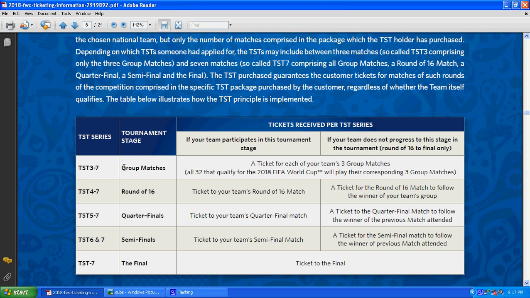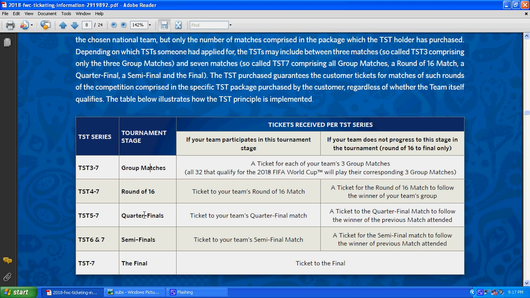And if your team moves on to the round of 16, you get to watch that and so on, in whatever tickets you have bought. But what happens if your team is eliminated? You do not get a refund. You get a match ticket for the quarterfinal in which your team was supposed to play, or in whichever knockout phase you have bought till.